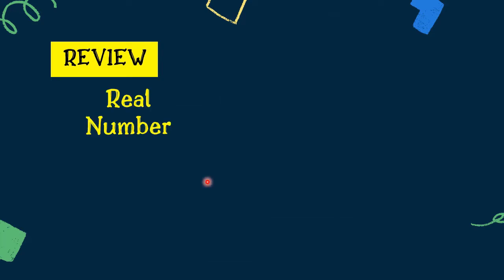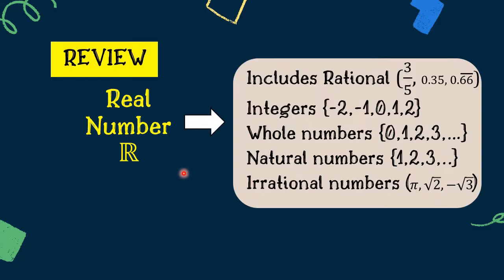We also have the term real number, and it is represented by this symbol. So what is a real number? A real number is a number that includes rational numbers such as your fractions, 3/5, for example. We also have decimal numbers, like 35 hundredths. We also have repeating decimals.